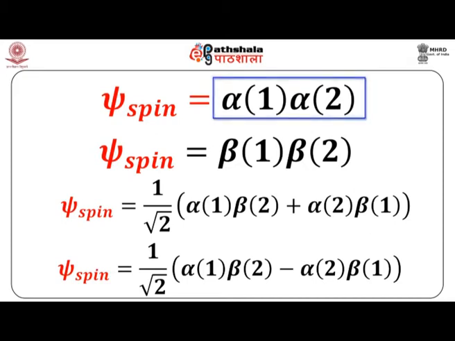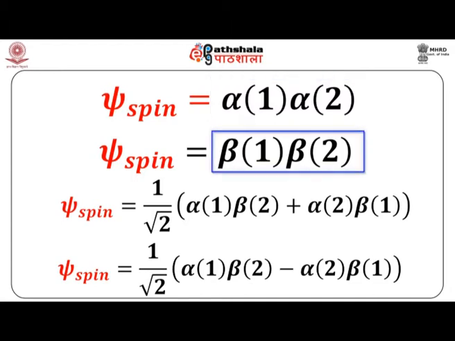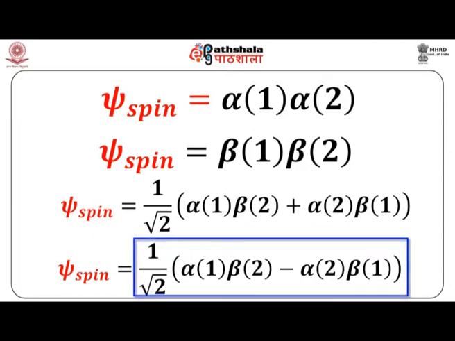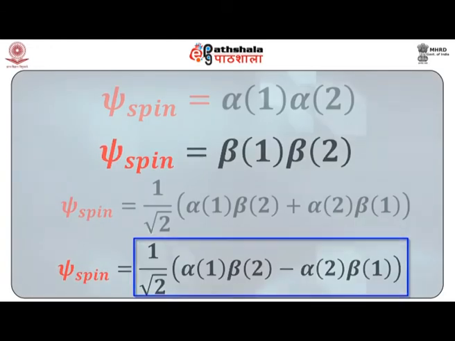One is alpha 1, alpha 2, then beta 1, beta 2, then 1 upon root 2 times alpha 1 beta 2 plus alpha 2 beta 1. And lastly, the antisymmetric combination, which is 1 upon root 2 times alpha 1 beta 2 minus alpha 2 beta 1.